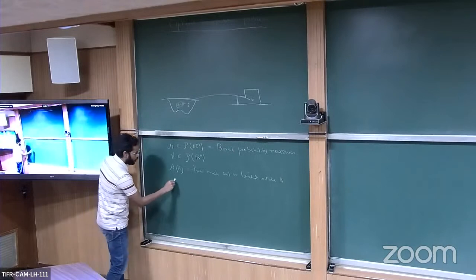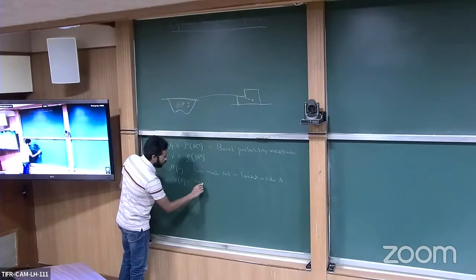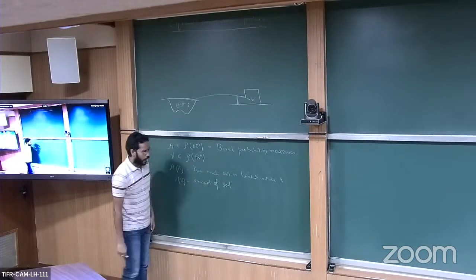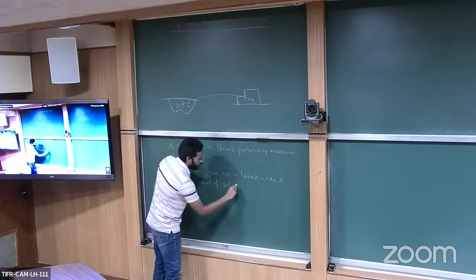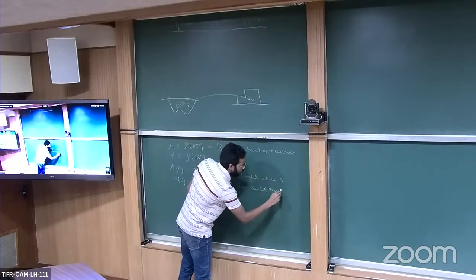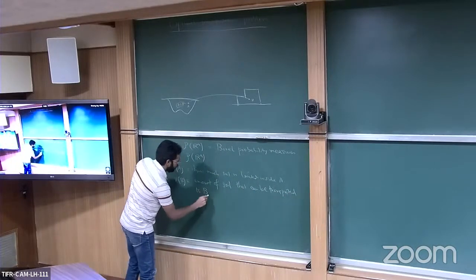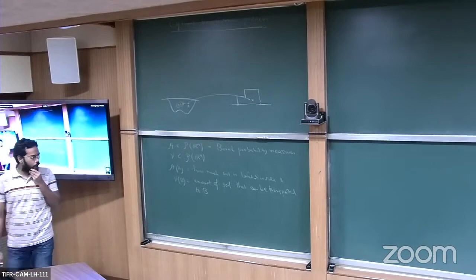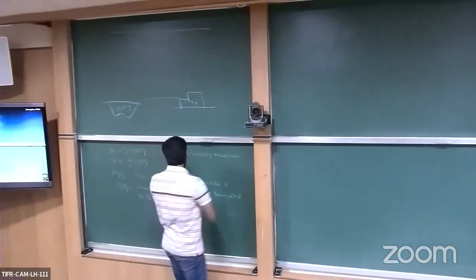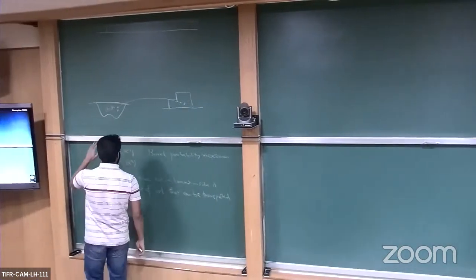And similarly, nu of B, the amount of soil that can be transported to B. Okay? So this is what we mean by modeling the amount of soil and the construction site by probability measures. Okay? And the transportation is not free, right?